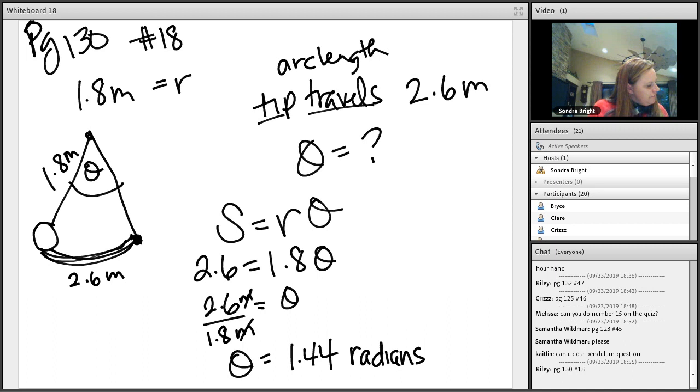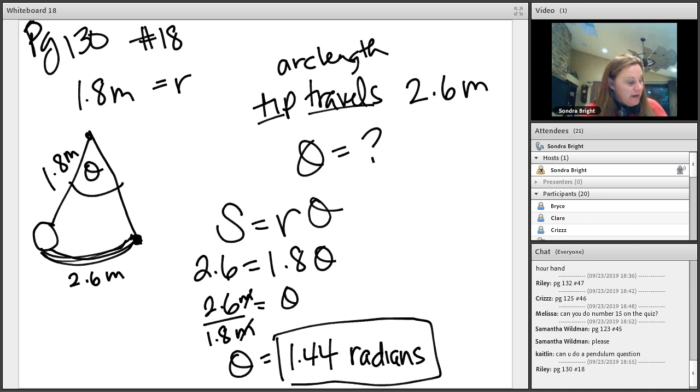Your book gave it in radians, even though I take it as degrees. I would convert this to degrees, but I don't have my calculator on me, so I can't do it right now. All right, so 1.44 radians, and if you needed to convert it to degrees, you just multiply it by 180 over pi. All right, that was 130, number 18.